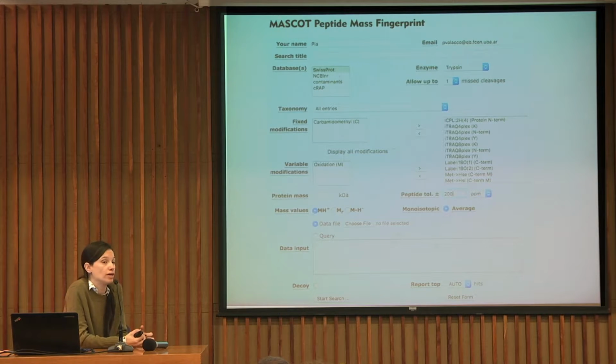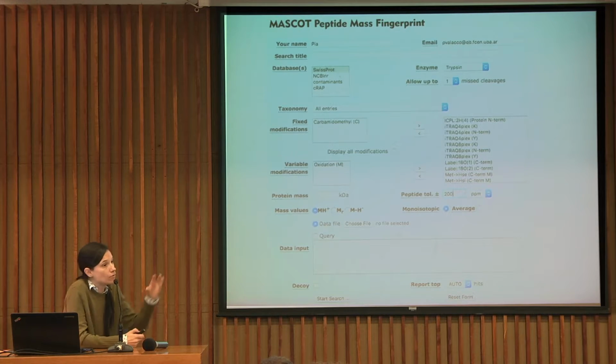As I was telling before, it has to resemble your sample as much as possible. So here you have a drop-down menu from which you can choose different categories. It goes down to the species level in many cases, but in others it doesn't. So for example, if you're working with a human sample, you will be able to choose Homo sapiens from the list, but if you're working with a bovine sample, there's no Bos taurus in it, so you'll have to choose mammals.